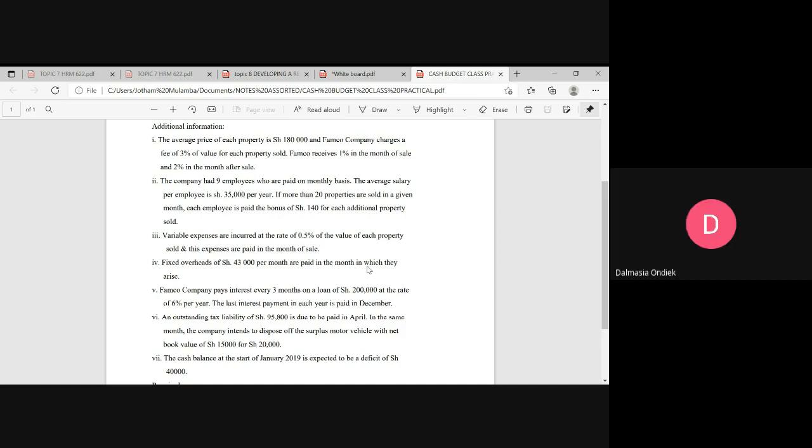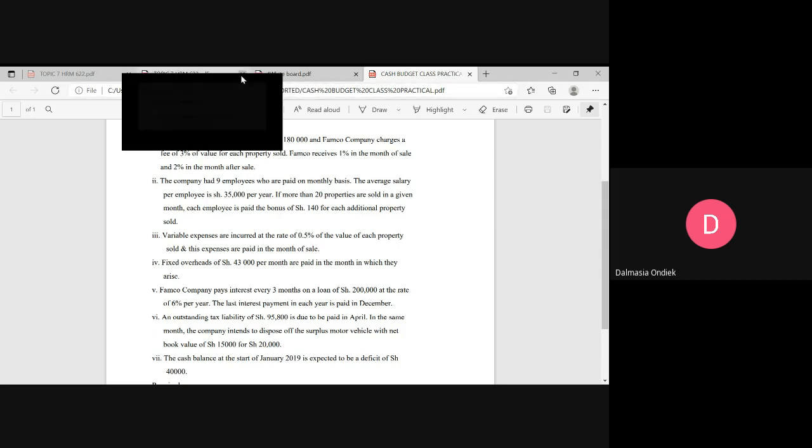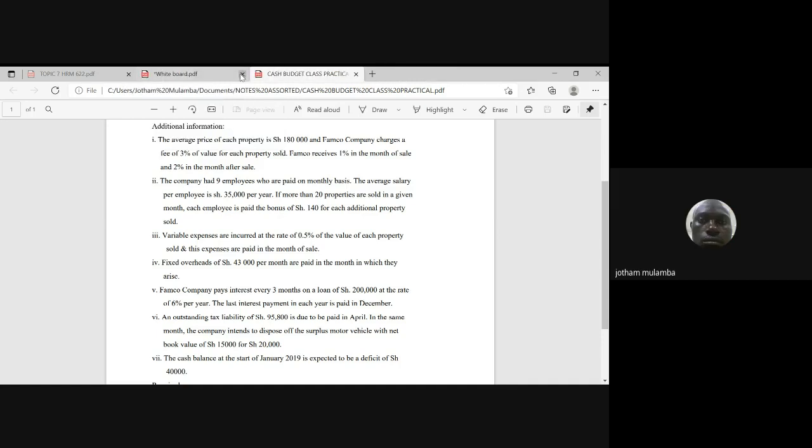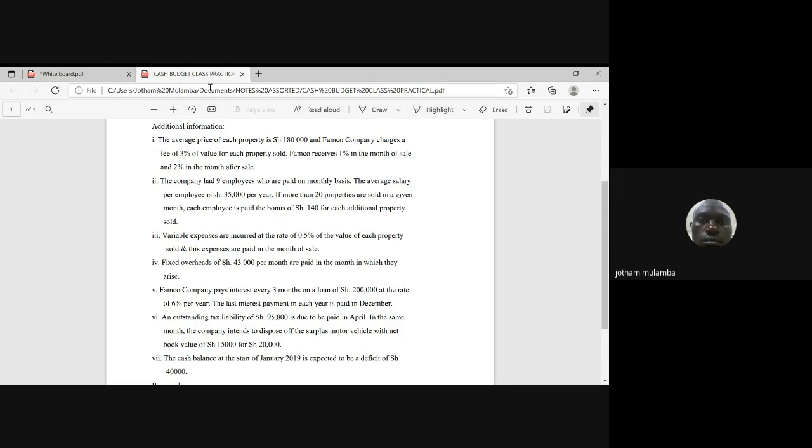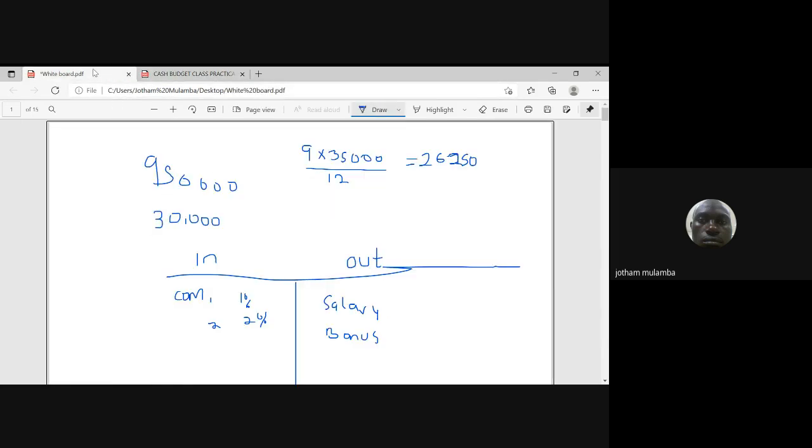Okay, and then number 3, variable expenses are incurred at the rate of 0.5% of the value of each property sold, and these expenses are paid in the month of sale. So we have variable expenses. We'll record on our money out variable expenses.